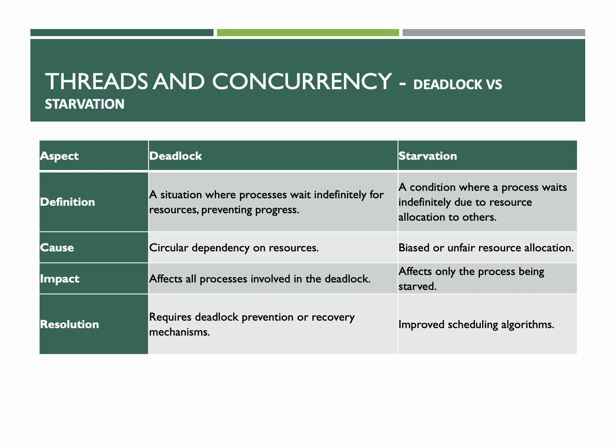For example, like the Banker's algorithm, and detecting a deadlock and terminating or restarting processes. These are recovery mechanisms we can use to resolve deadlocks. And starvation is resolved through improved scheduling algorithms like priority aging, like gradually increasing the priority of waiting processes.